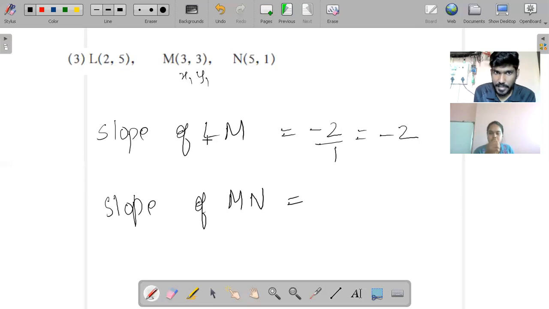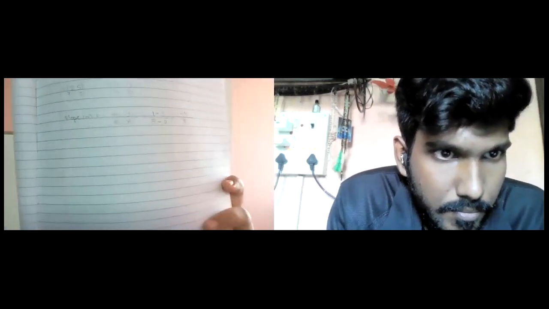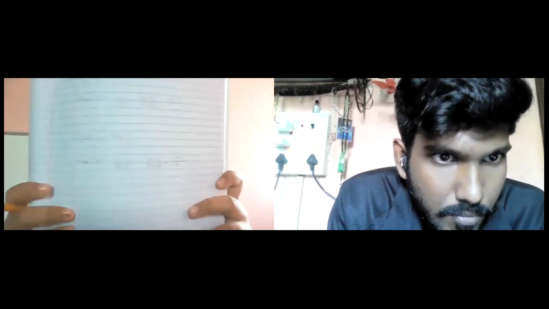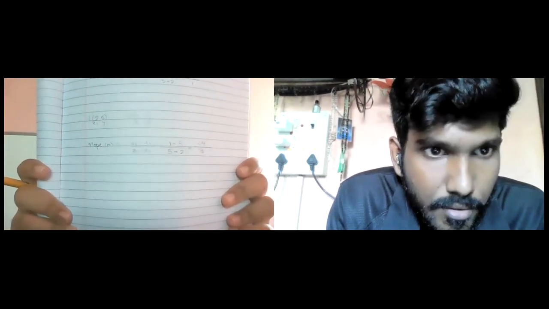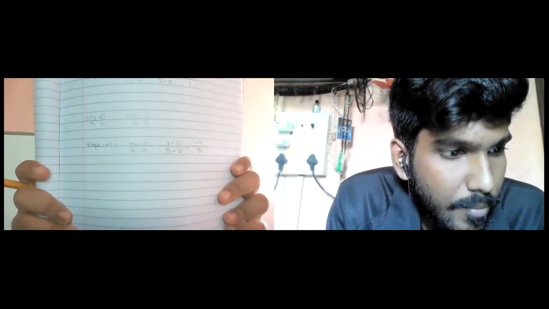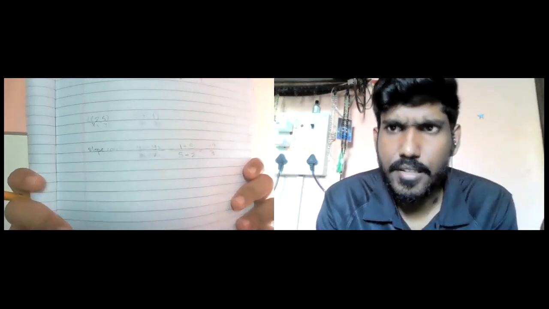The second one, MN. First was LM, then MN. Okay, can you just show me? 5 minus 2 and 1 minus 5, and okay, it's correct. What you did is also correct.